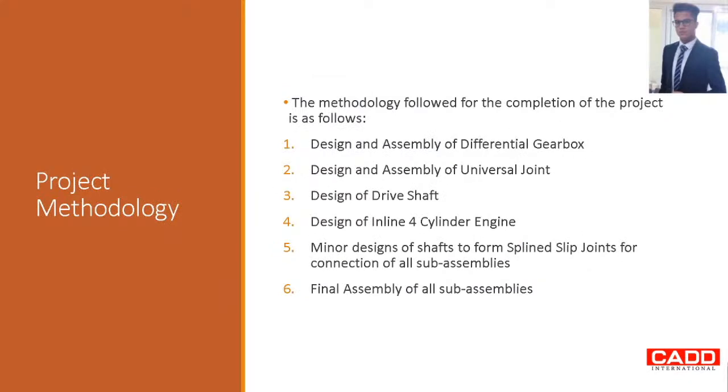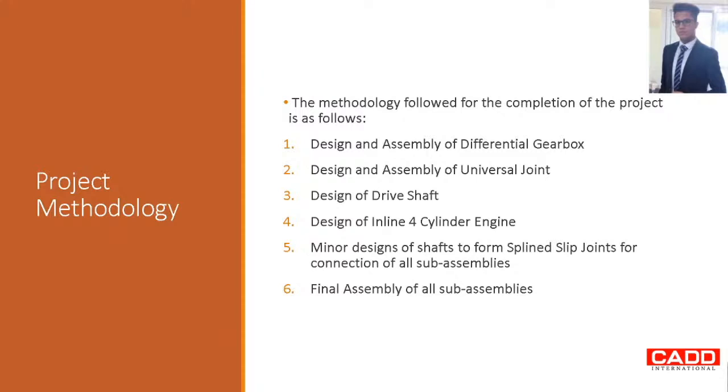The project methodology followed in order to design and complete this project is as follows. First, we begin with the design and assembly of a differential gearbox, after which we proceed with the design and assembly of a universal joint. Then we design the drive shaft, followed by the design and assembly of the inline 4-cylinder engine, which will act as the power source.